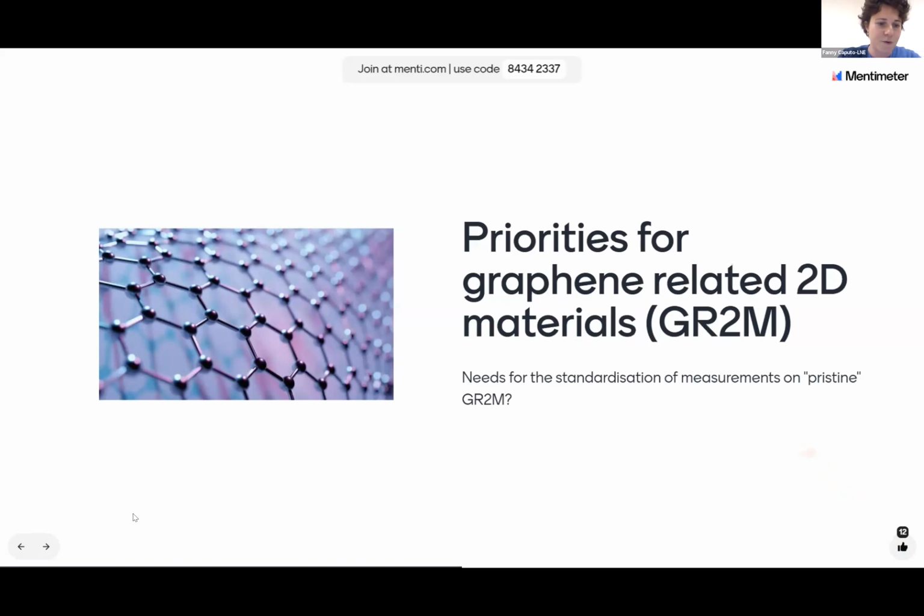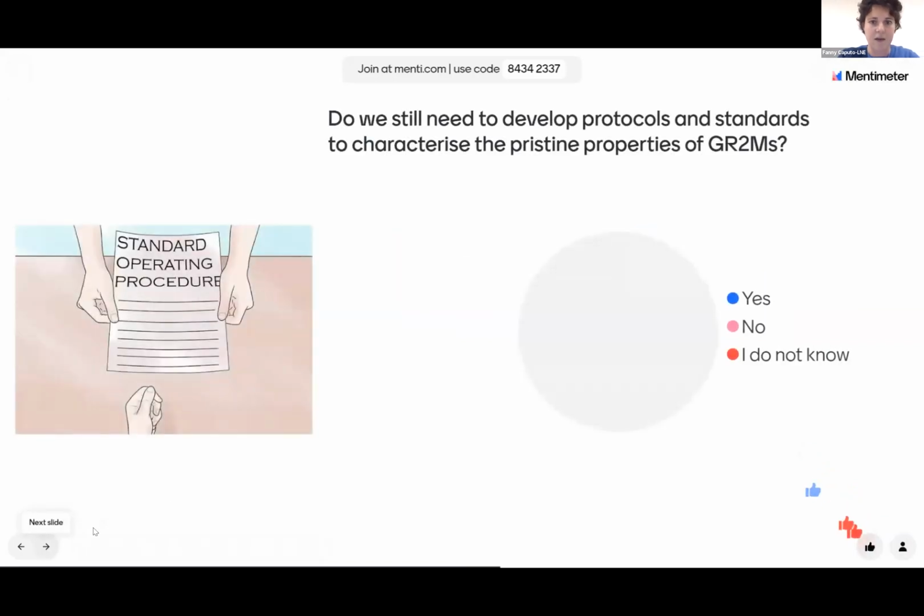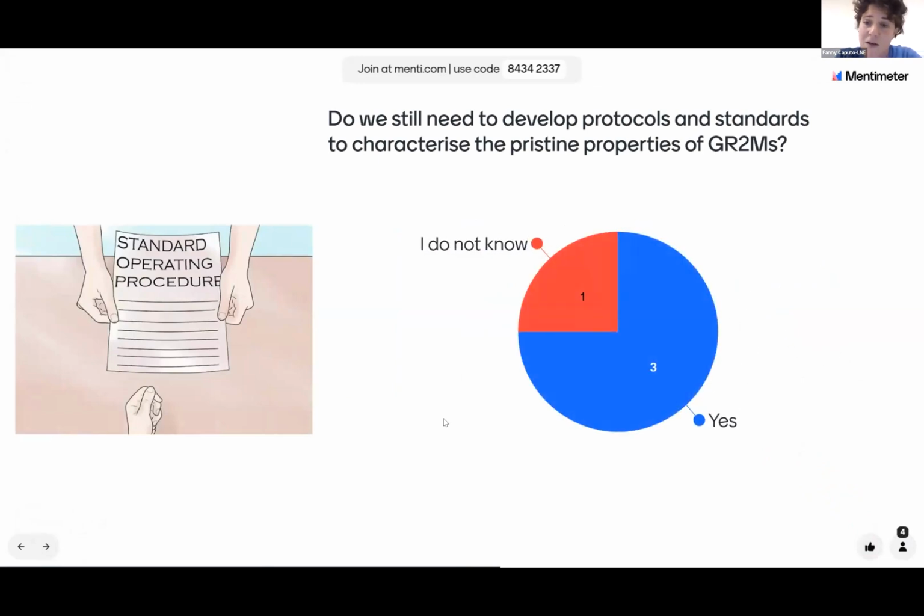So the first question here is: do we still have a need to continue working on developing protocols and standards for the characterization of those materials? When I'm talking about the pristine materials, I am talking about raw graphene, graphene oxide, few-layer graphene, powders and additives.